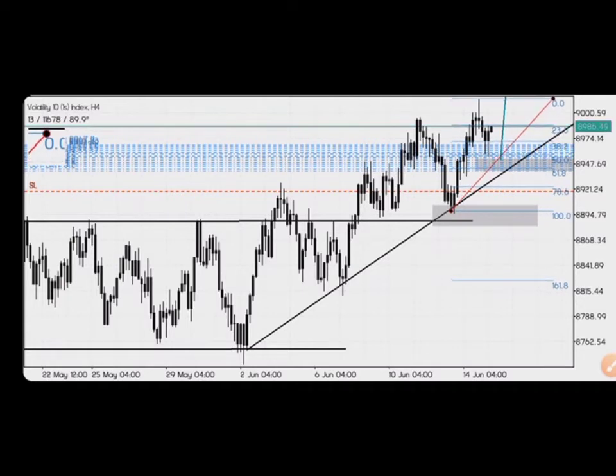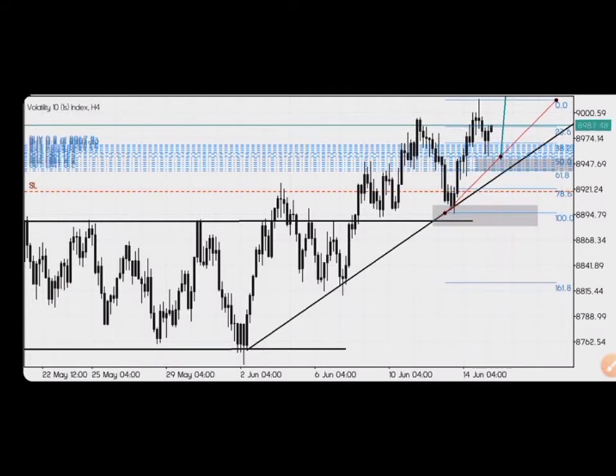So I had to draw my Fibonacci tool again. After drawing it, you can see that my rectangle is between the 50-60 zone.